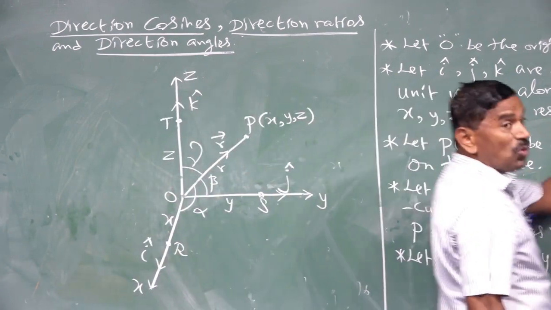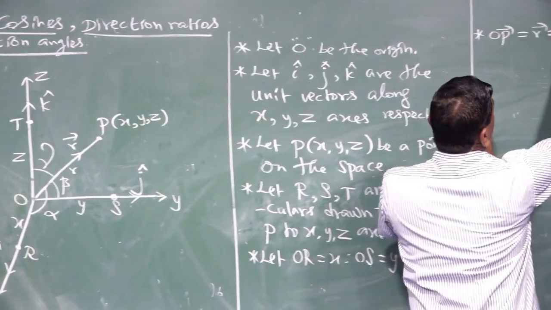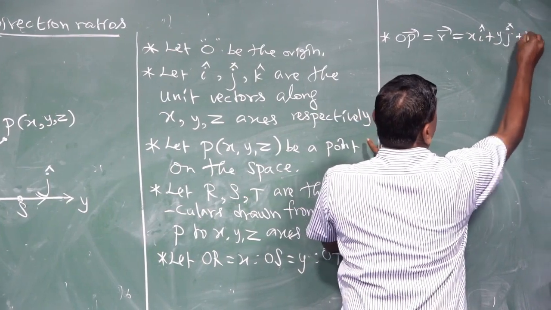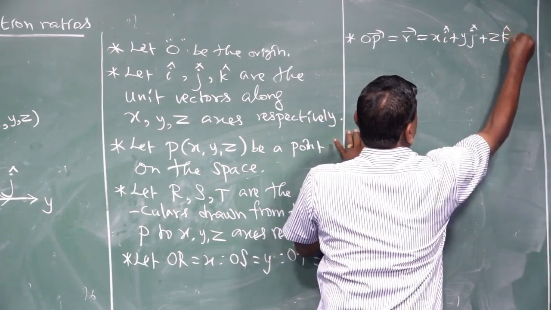So OP vector equals r vector equals x i cap plus y j cap plus z k cap.